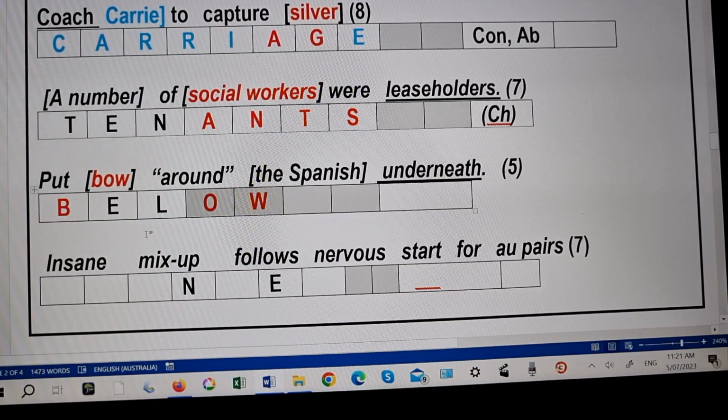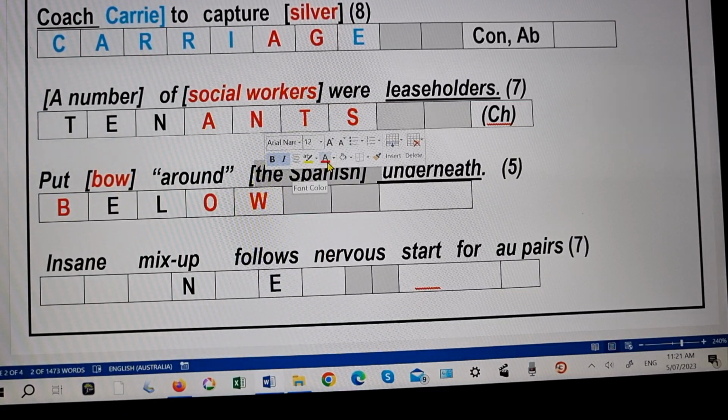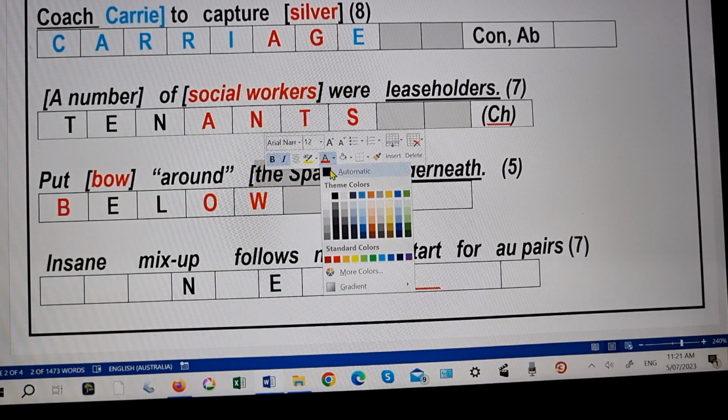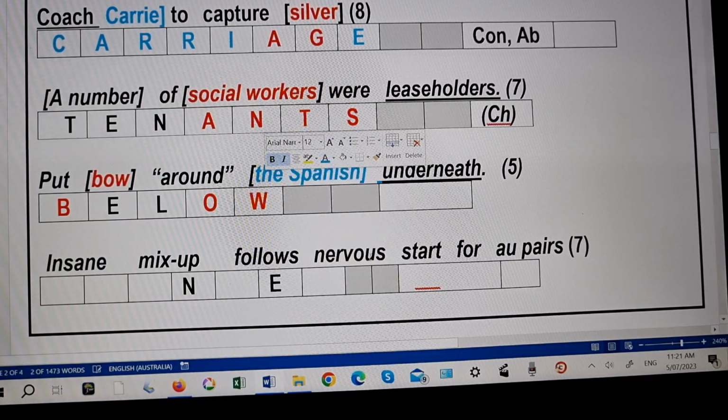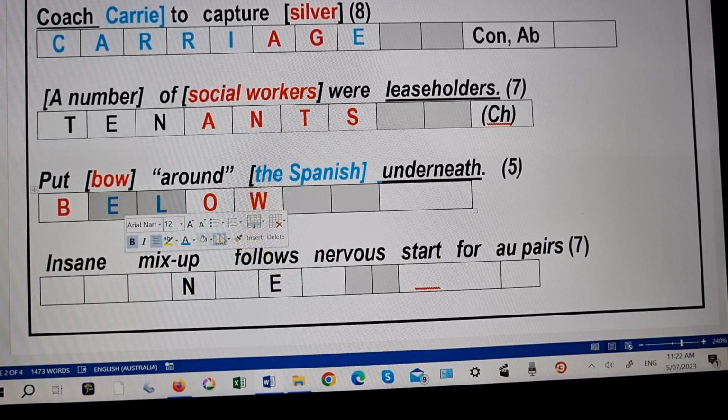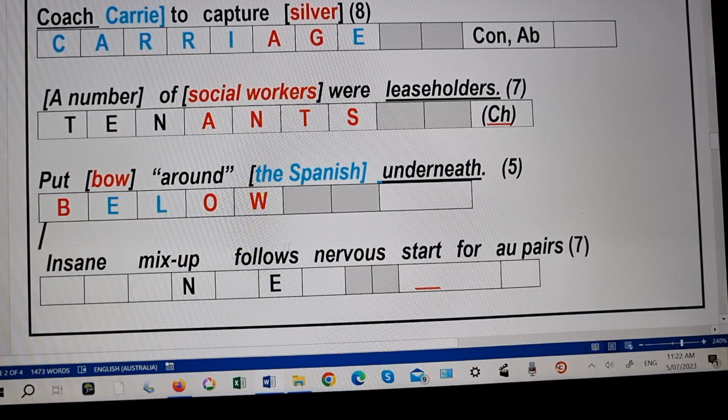Put bow around the Spanish. And what's this, the Spanish? The Spanish is the abbreviation for the in Spanish, which is definitely EL, as in El Cid. So there's your container.